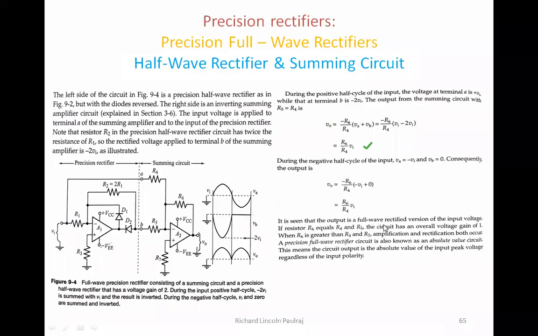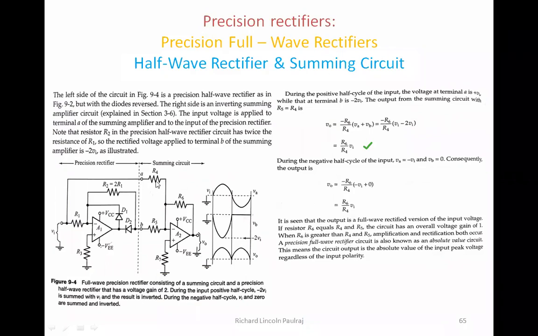So the output is a full wave rectified version, which means there is rectification happening at the positive cycle and at the negative cycle also. With the positive cycle, you can see that 2 times VI is coming, and with the negative cycle also, the inversion is happening. The other thing we can concentrate on is that the circuit has an overall gain of 1 when R6 equals R4.